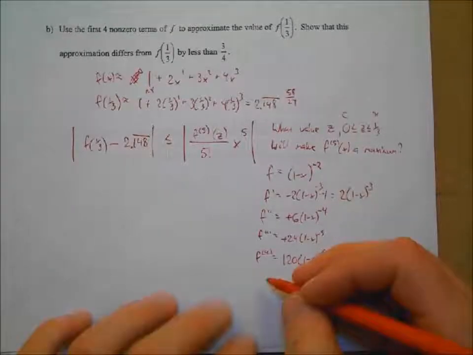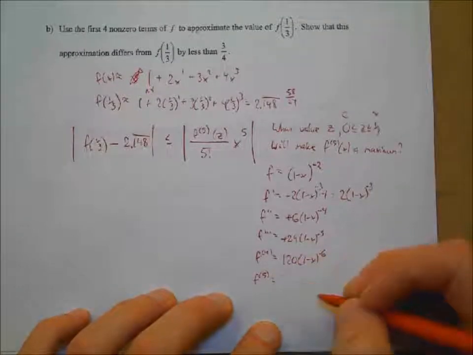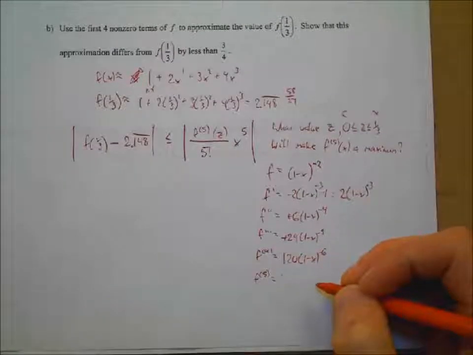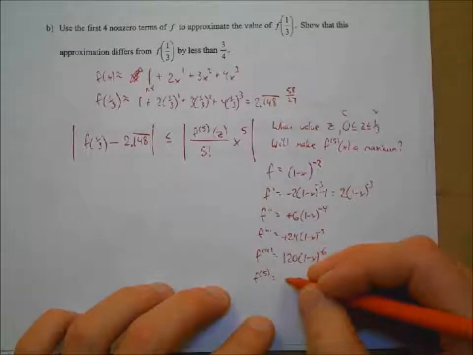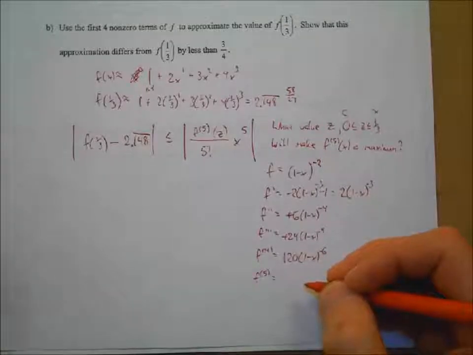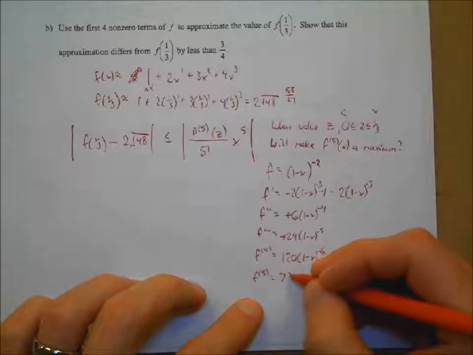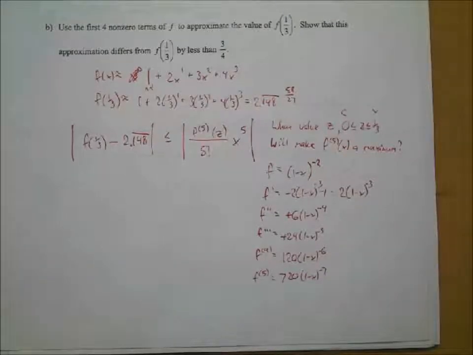And then the fifth derivative of f, oh goodness, 6 times 120, 720? Yes, good. 1 minus x to the negative 7. Okay.